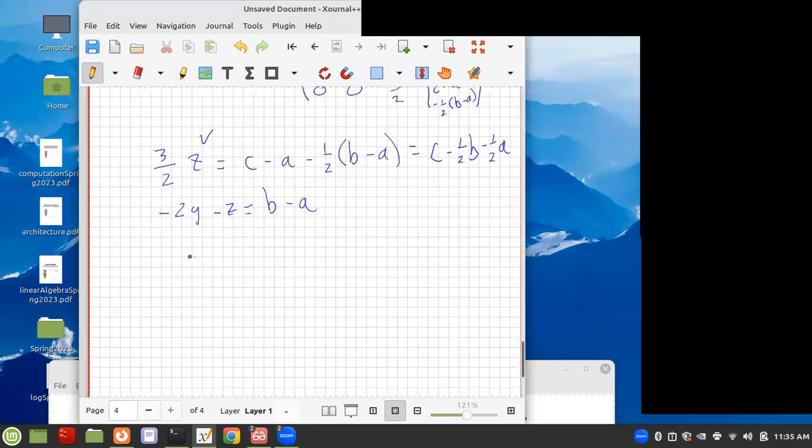So we're going to be able to say, well, minus 2y equals b minus a plus z. But then we know that 3/2 z is this. So we could simplify this as b minus a plus 2/3 to cancel out the 3/2 of this whole.